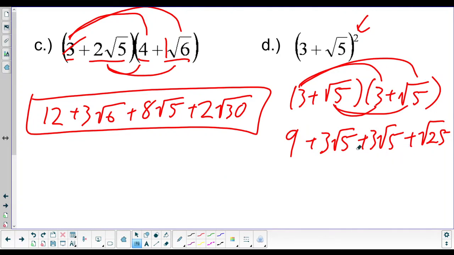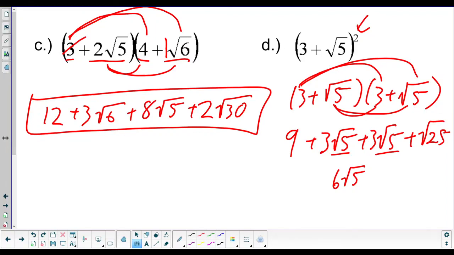Now we simplify. 3 radical 5 plus 3 radical 5. They're both radical 5s. So we can add the coefficients. This will be 6 radical 5. And then radical 25. Before you factor, think about it. Do you know the square root of 25?